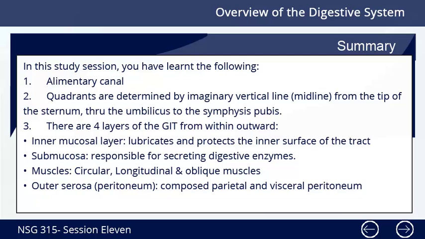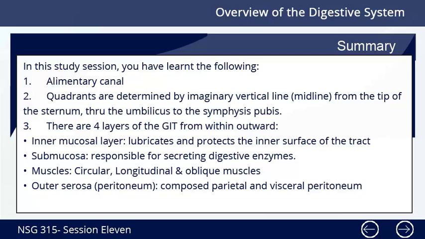Number 2, quadrants are determined by imaginary vertical line, that is midline, from the tip of the sternum through the umbilicus to the symphysis pubis. This line is bisected perpendicularly by lateral line which runs through the umbilicus across the abdomen.